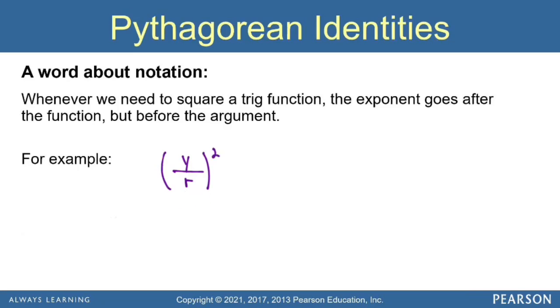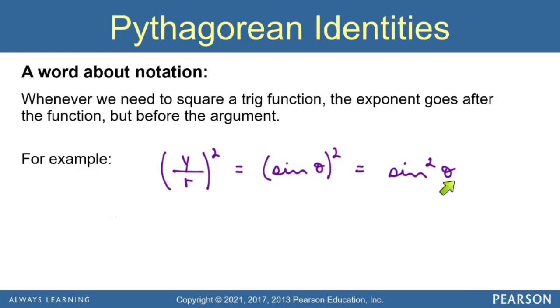So if we square that, then we could write that as sine of theta in parentheses squared, but mathematicians did not like having to write an extra set of parentheses every time they wanted to square a function, so it was just generally agreed on that instead of the parentheses, we would put that exponent in here.